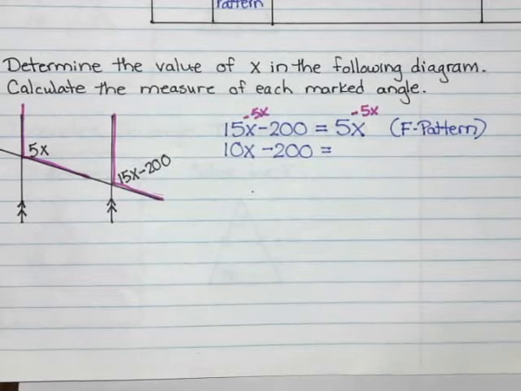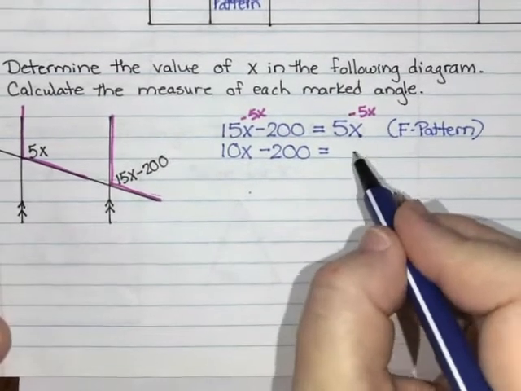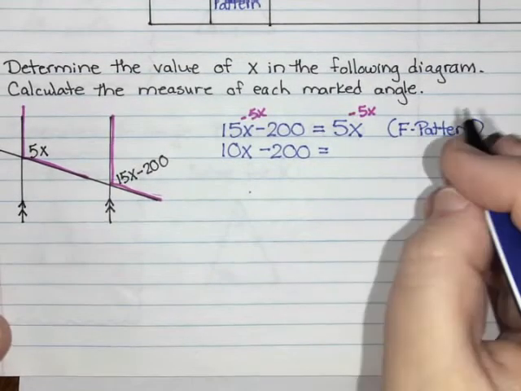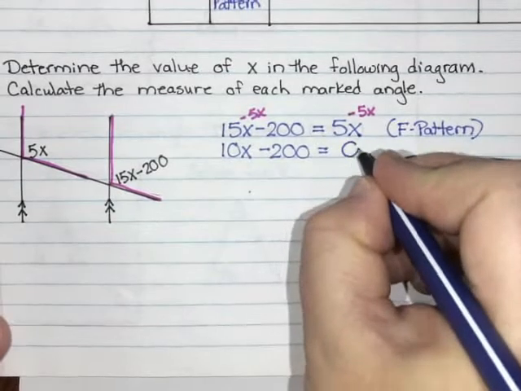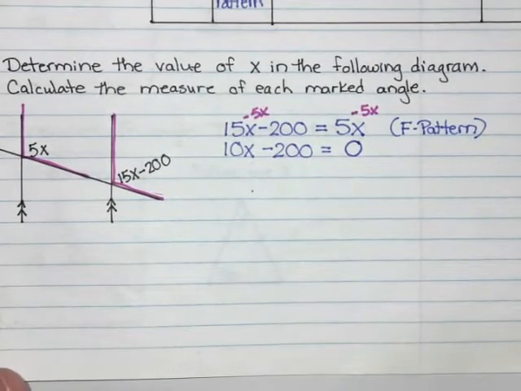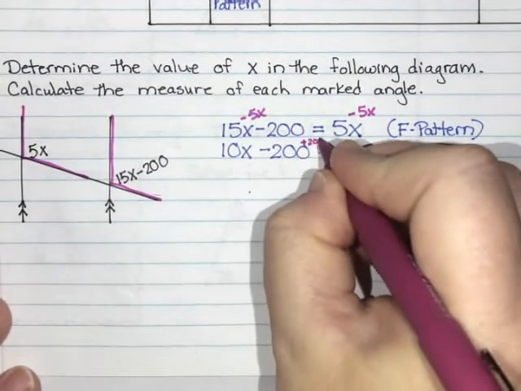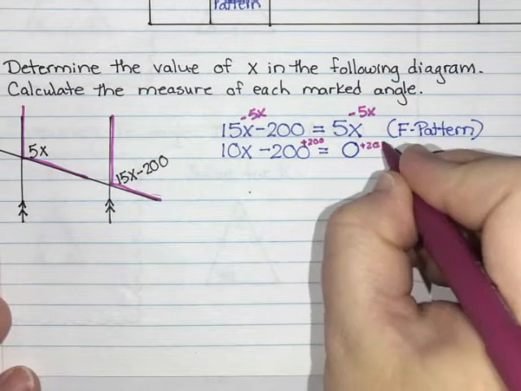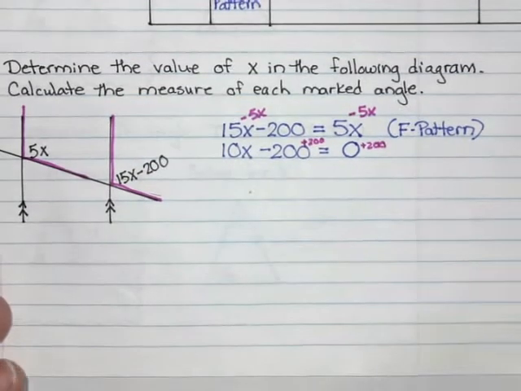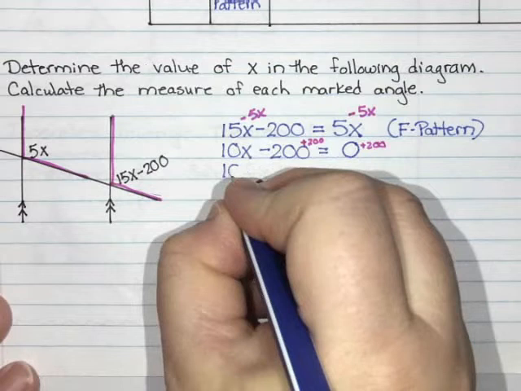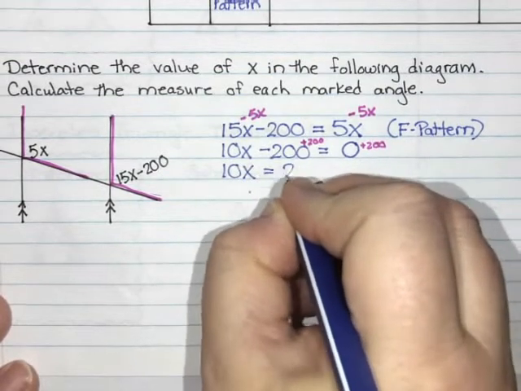It's all gone. So I still need to write something down on this side, and if there is absolutely nothing there, I am just going to put in a 0. Now from here, I'm going to then solve this equation by adding 200. 0 plus 200 is 200, so 10x equals 200.